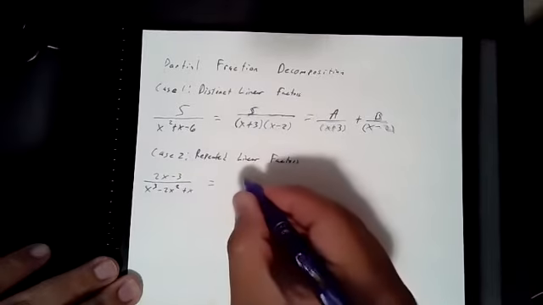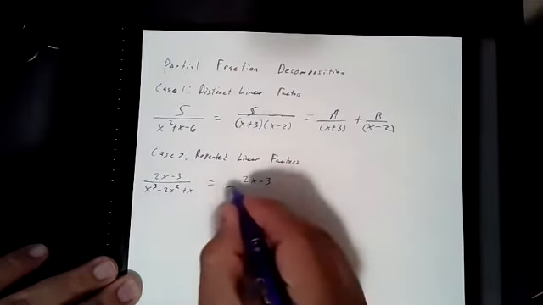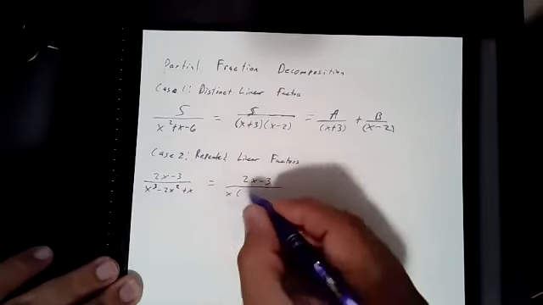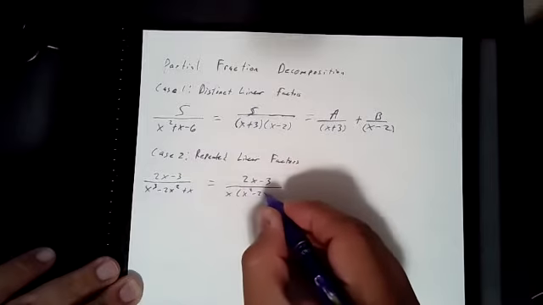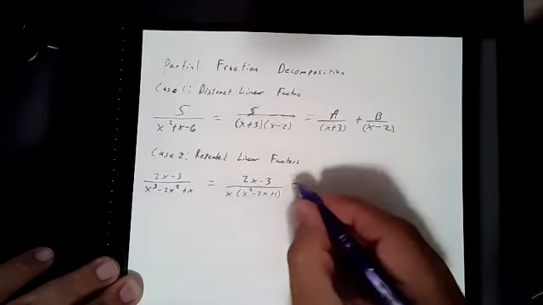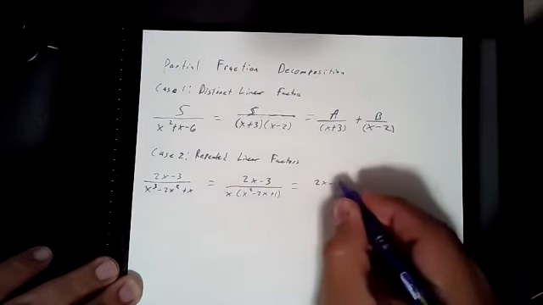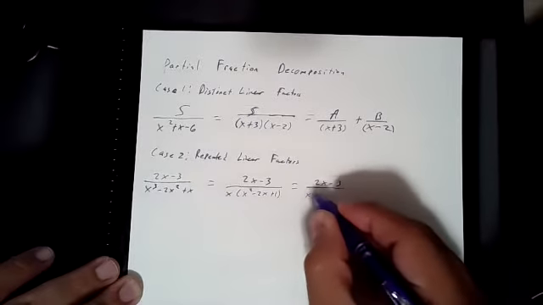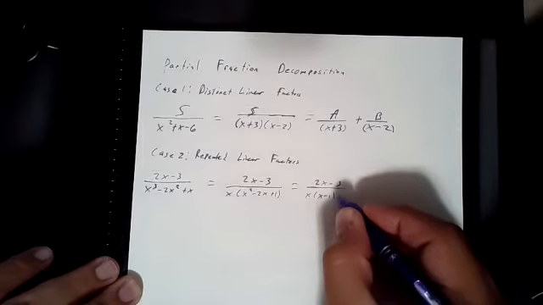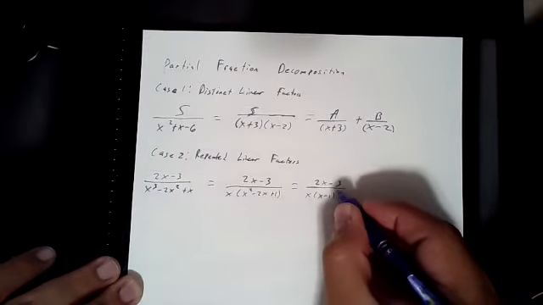So first step is you factor the x out, right? And then you get x squared minus 2x plus 1, which factors into x times x minus 1 squared, right?